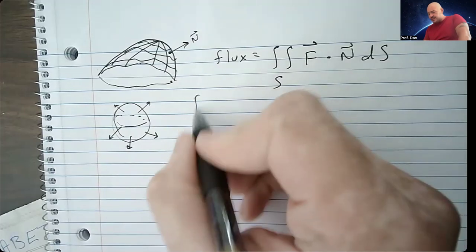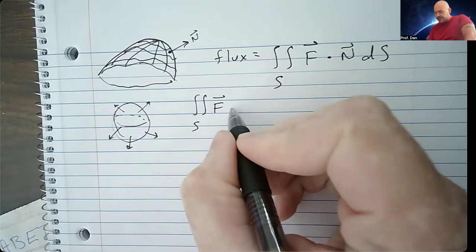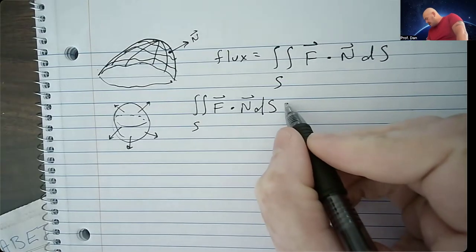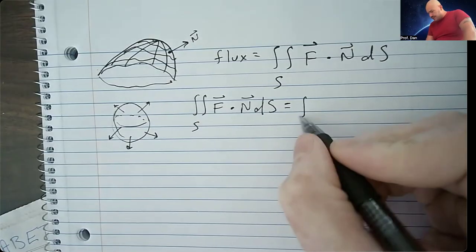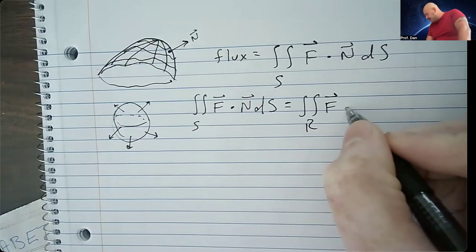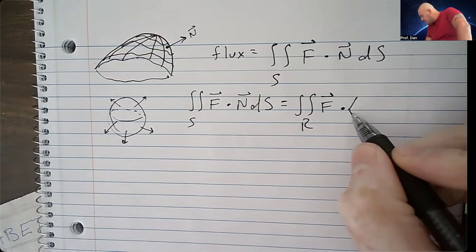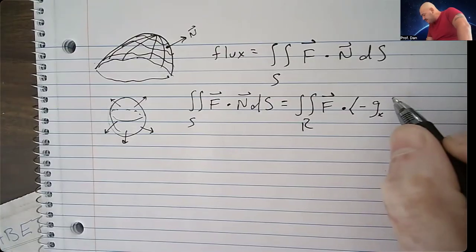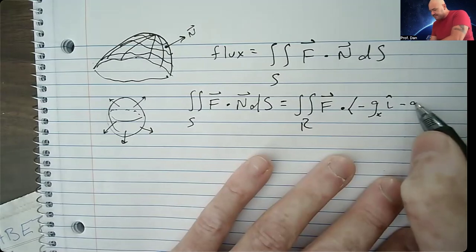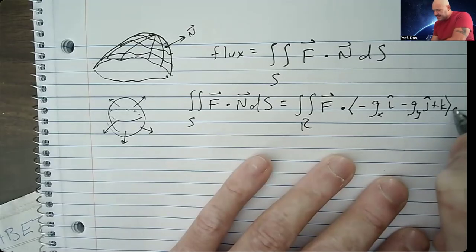So the flux, otherwise known as the surface integral, the integral over the surface S of force dot normal vector dS, is equal to the integral over a region R of the force F dot, and then it gives a nice little vector form here: negative gx i minus gy j plus k, dA.